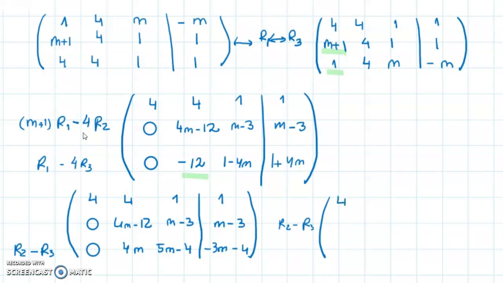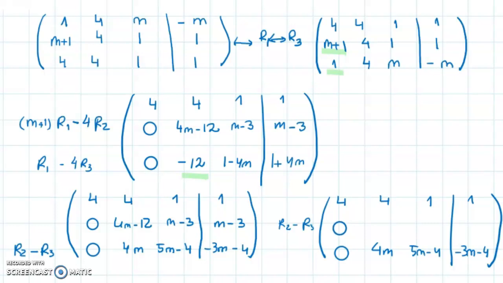So let me write again the entries that stay the same: 4, 4, 1, 1 for the first row. We are not changing the third one, so I'll write it as well: 0, 4m, 5m minus 4, minus 3m minus 4. And now the first entry is going to be 0 anyways, it becomes 0 minus 0.